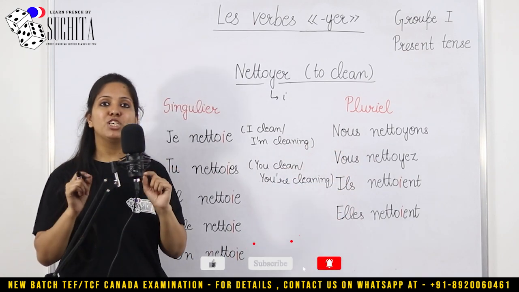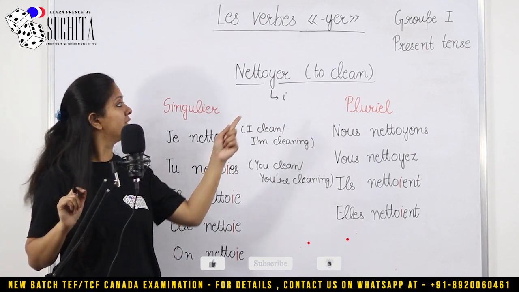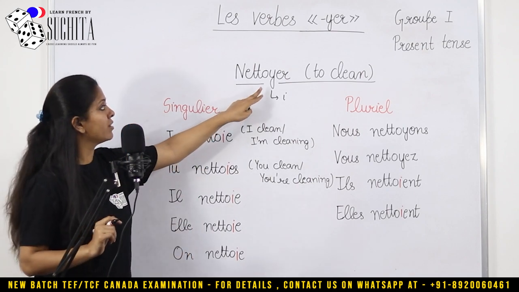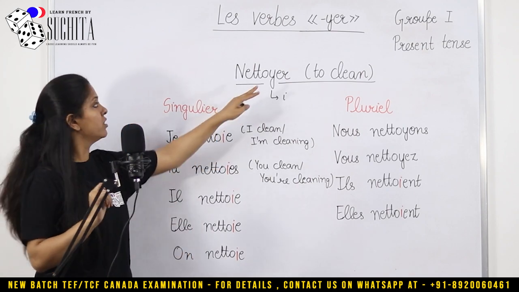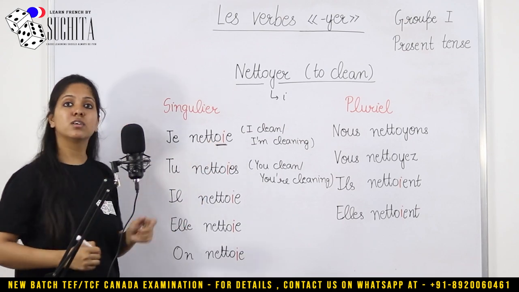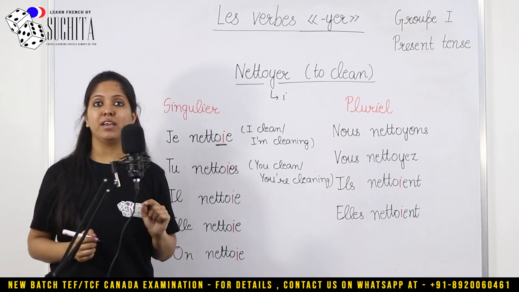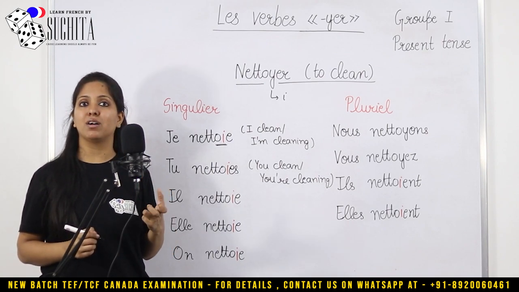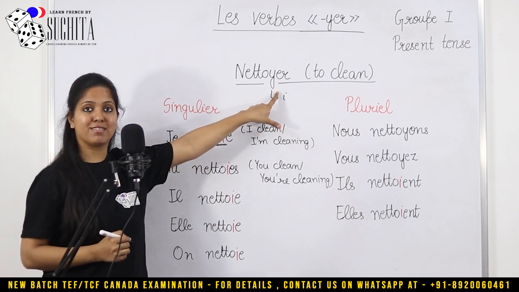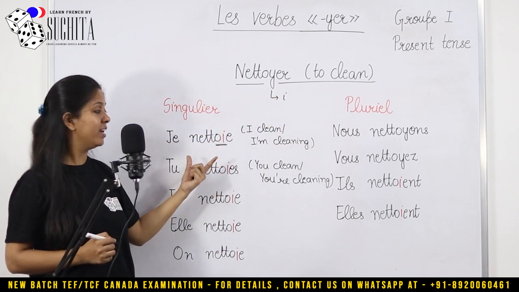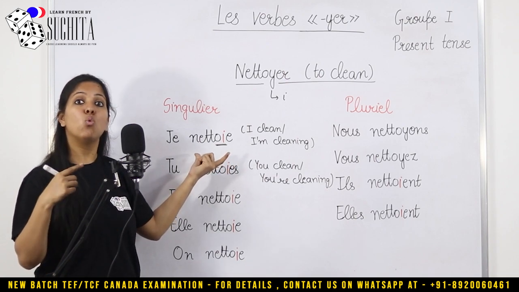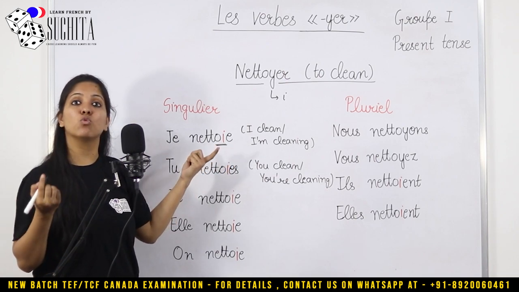Now, the major change is in the pronunciation. This is nettoyer. Over here, this Y changed into I. So this combination in French, OI, the sound of OI is oua. So as soon as this Y changed into I, it became je nettoie, oua. Why? Because OI is oua.